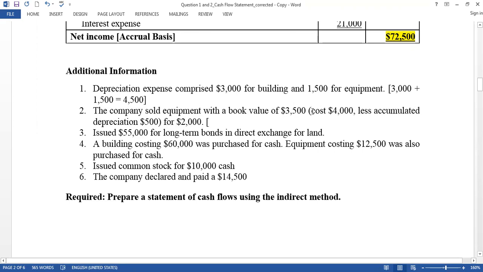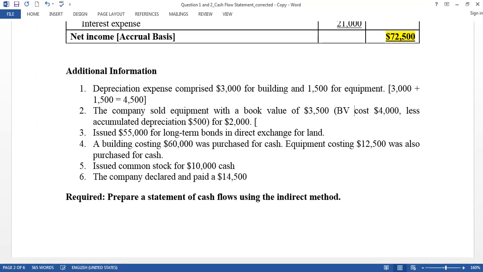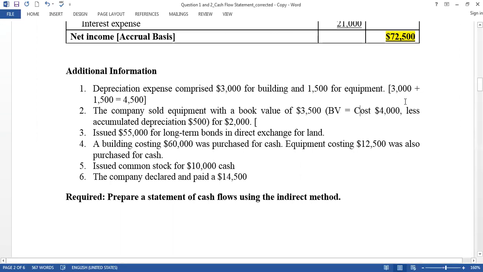Book value equals cost minus, less means minus, accumulated depreciation $500,000. Okay, so from here we are going to compare book value versus market price.